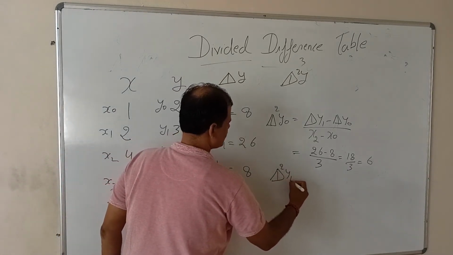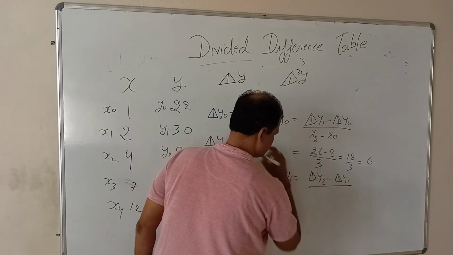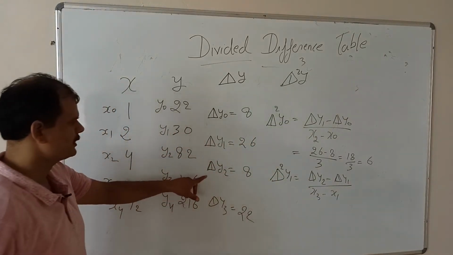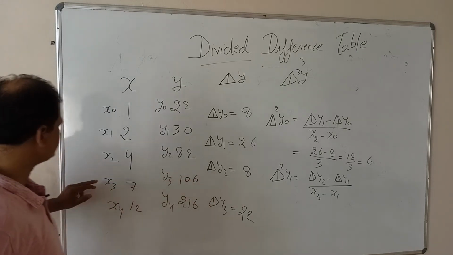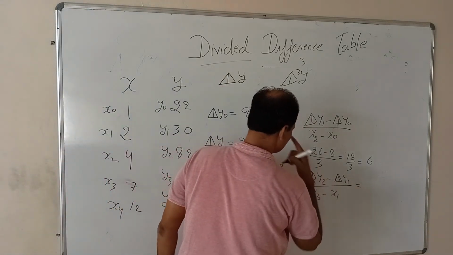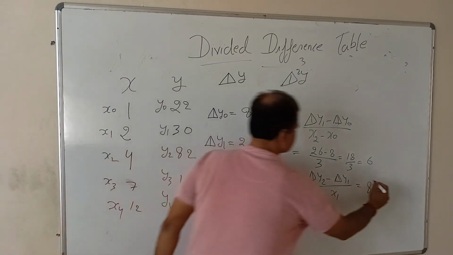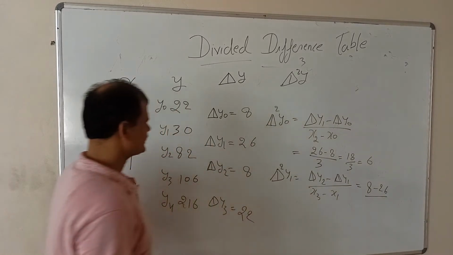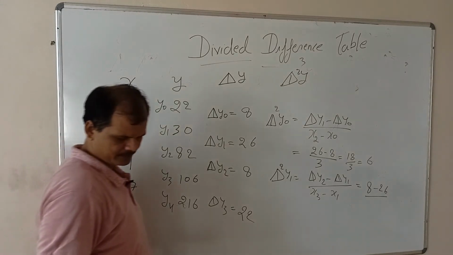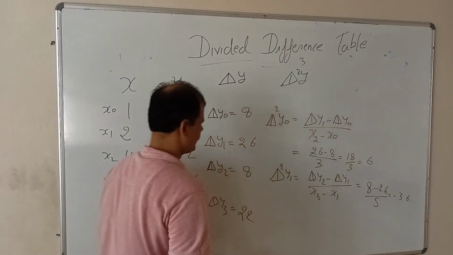Delta square y1. So we get del y2 minus del y1 divided by x3 minus x1. So your del y2 is 8 minus 26 divided by x3 minus x1. So x3 equals 7, x1 equals 2. So 7 minus 2 is 5. So we have minus 3.6.